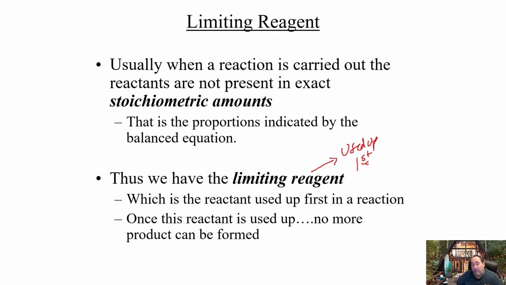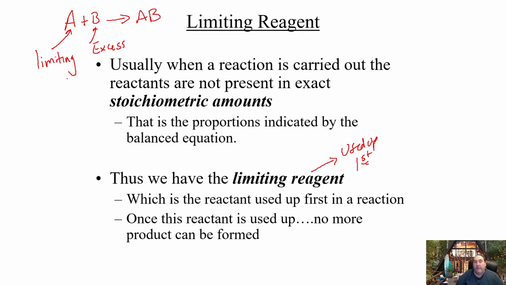So why is the limiting reagent really important? If you just think about a logical example, let's say we were doing this very simple reaction of A plus B makes AB. And let's say we figured out that A is our limiting reagent and B is what we have plenty of. As we'll talk about in a second, that's sometimes referred to as the excess reagent or the excess reactant.